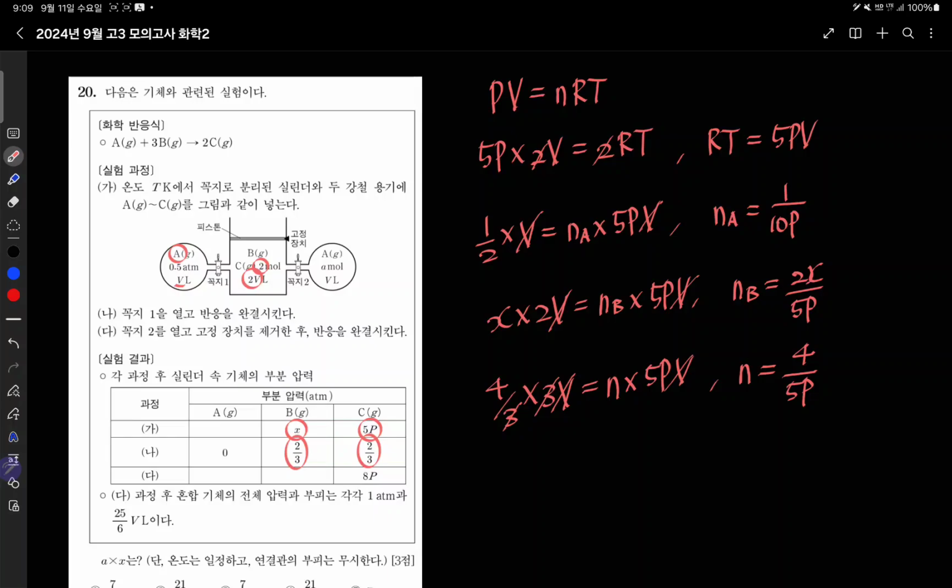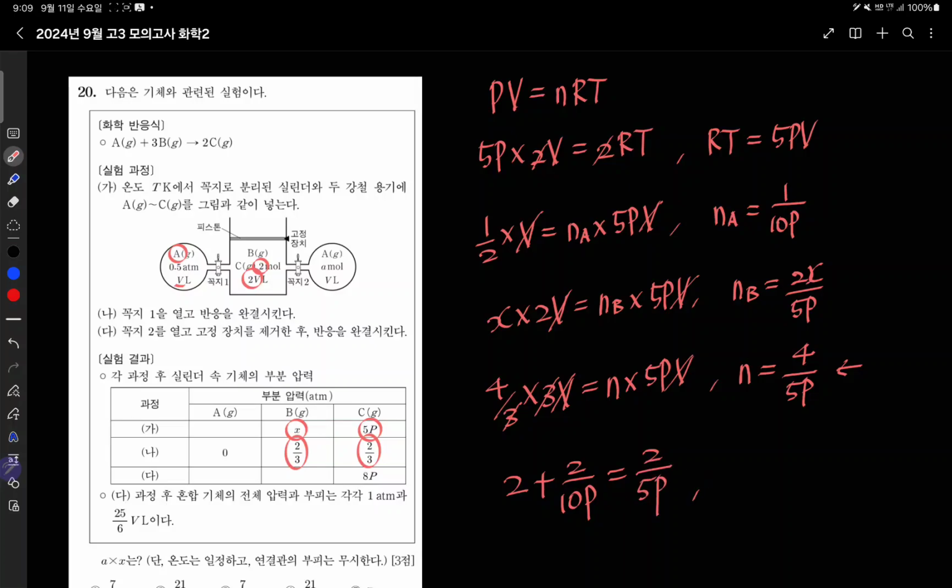And because all of gas A is consumed, the amount of gas C should be added 2 times the amount of gas A consumed, and that's equal to half of the total amount of gas after the first reaction, which is 2/5P.